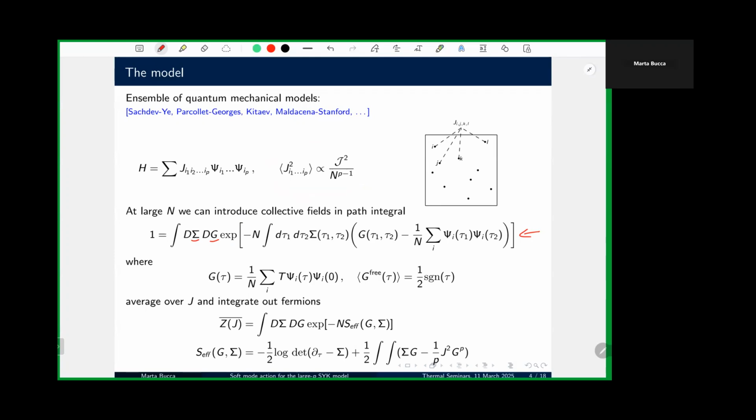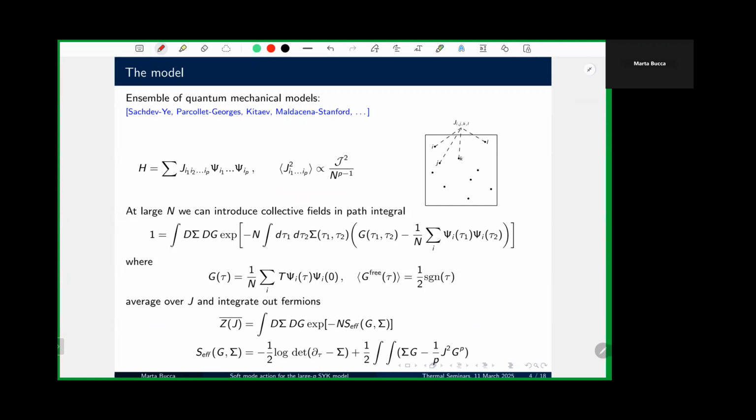And what you can do here is you can first perform your integral in the Sigma. And if you do that, you are left with a Dirac delta that basically enforces the fact that G has to be the fermionic bilinear. And then you can perform the integral in G. And of course, if you're integrating a Dirac delta over all the possible G configurations, this is going to be equal to 1.